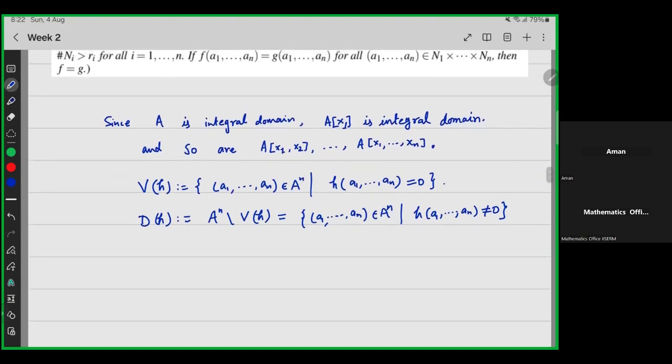So what our hypothesis says is that F(a) is equal to G(a) for all a belonging to D(H), and we have to show that F is equal to G.